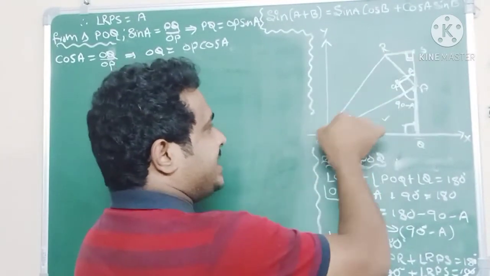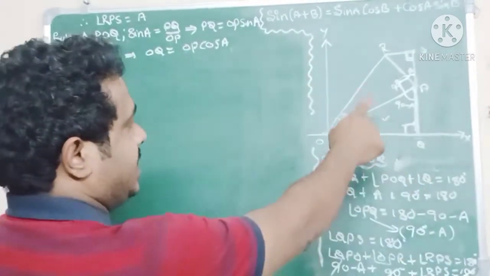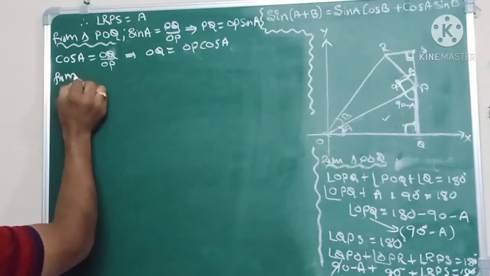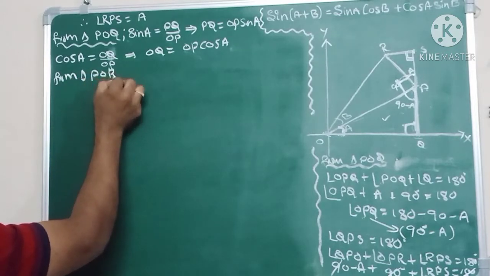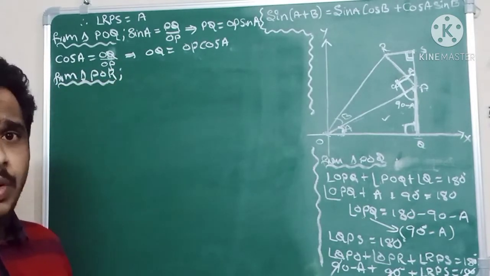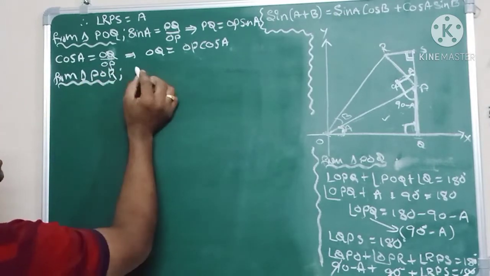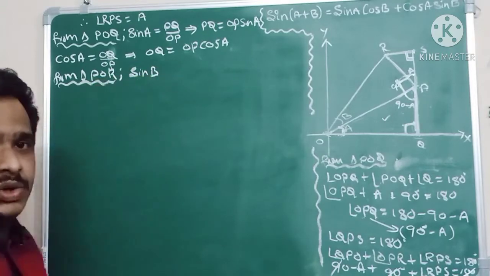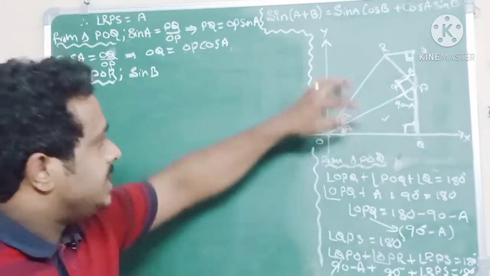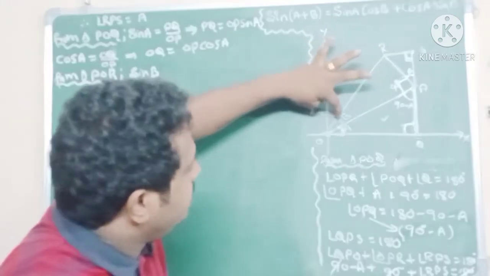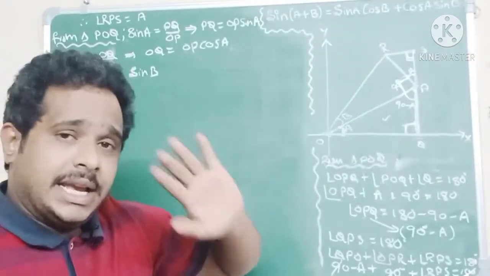Then go to the next right angle triangle, POR. From triangle POR, again find the sin B ratio. Why is it not the sin A ratio? Because in triangle POR, the acute angle is B. So find the sin ratio and cos ratio.